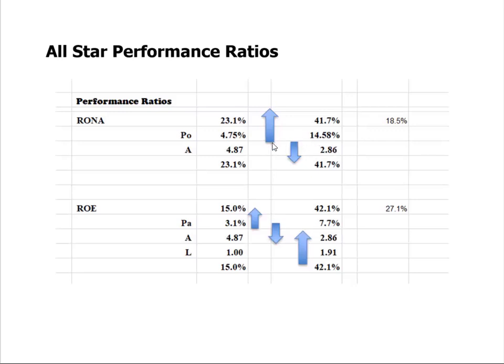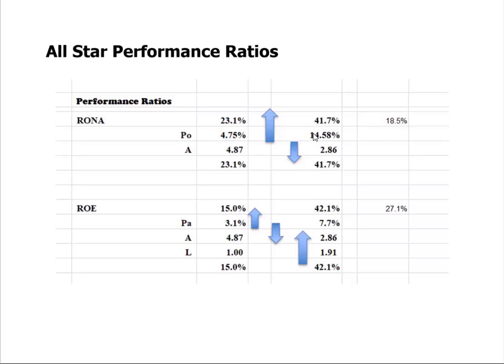However, the increase in profitability has a stronger upward pull than the decrease in the activity. Therefore, the return on net assets has gone up. So we could say the primary driver of the increase in RONA in All Star is this increase in profitability.